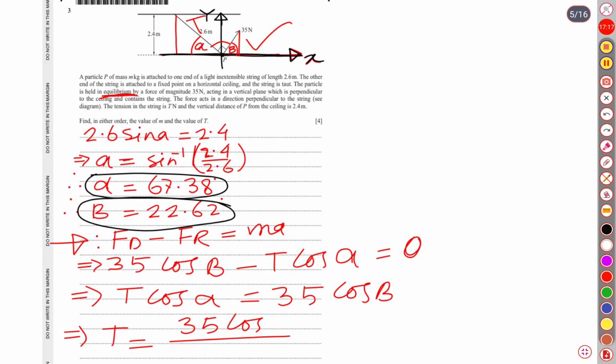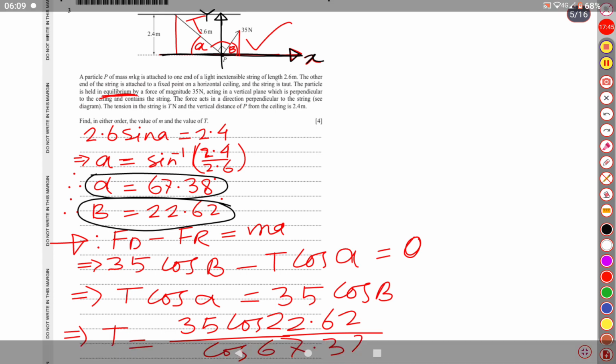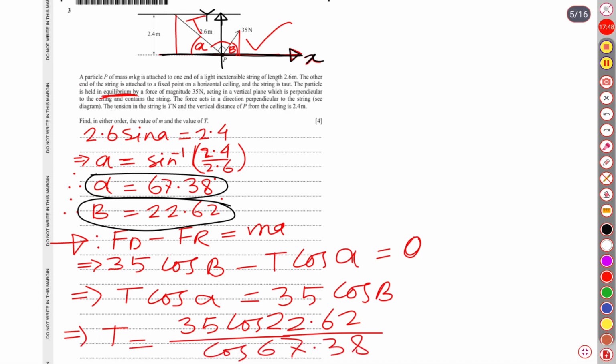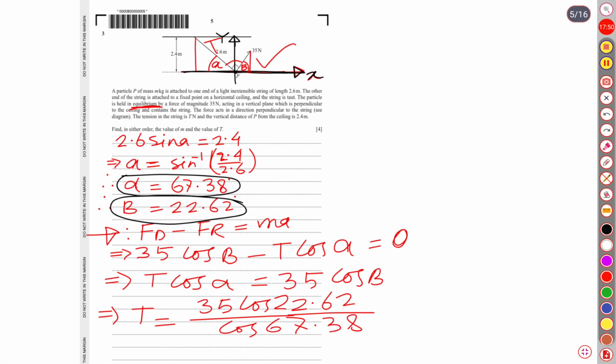So instead of beta we write 22.62, which will be divided by cos alpha. Alpha is 67.38.